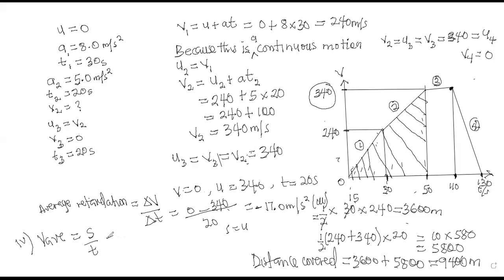So the average speed will be the total distance, which is 9,400 divided by the total time, which is 50 seconds. So we have 940 divided by 5. Please do that for me. 940 divided by 5 is 188 meters per second.